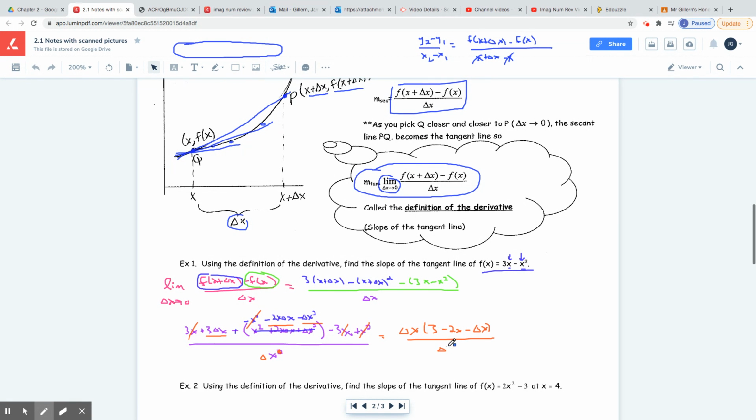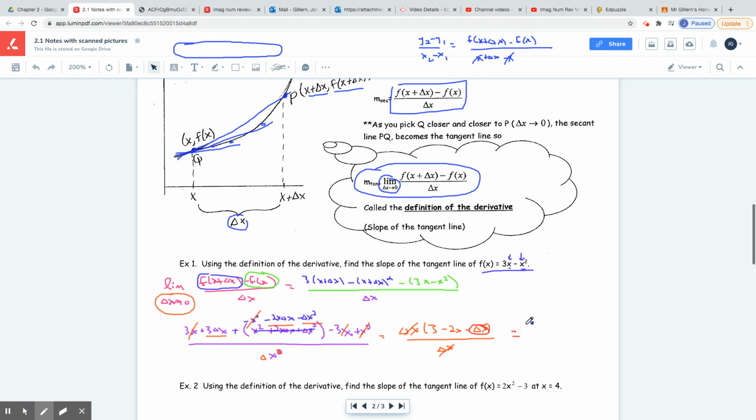And the reason I'm always going to take out a delta x is because I need to cancel that with the bottom. And that will happen every single time. So you cancel up top anything that doesn't have a delta x in it. Then you pull out a delta x, and you then cancel. And as soon as you cancel, just like we did with our limits, we then substitute in 0. And when I substitute in 0, that's gone.